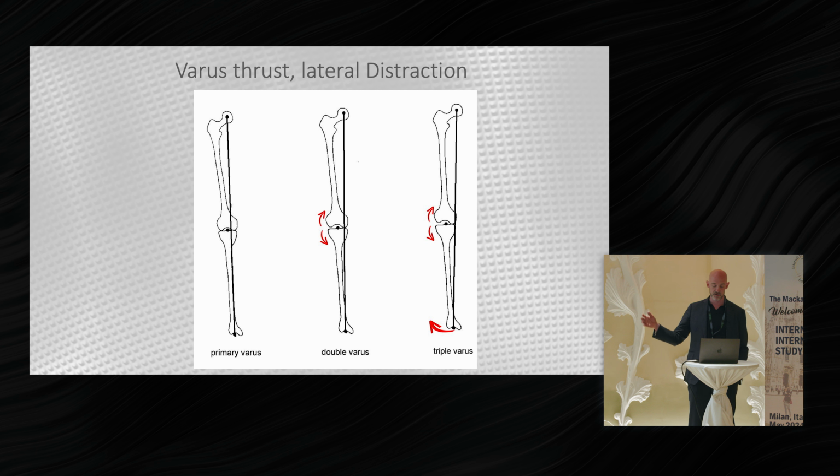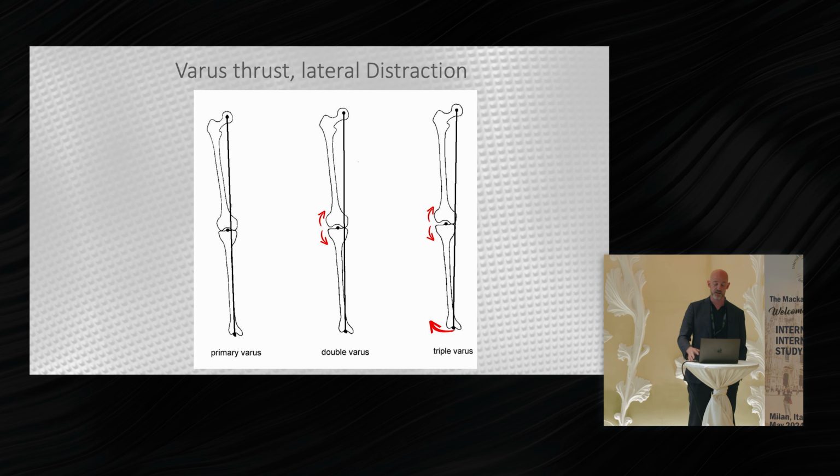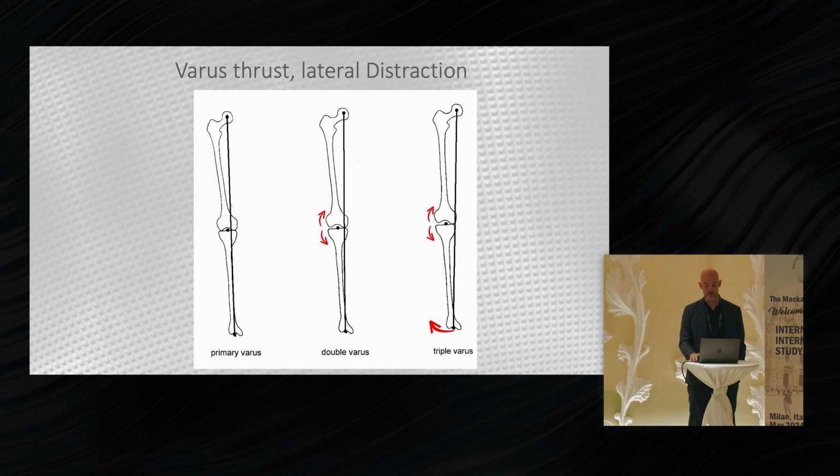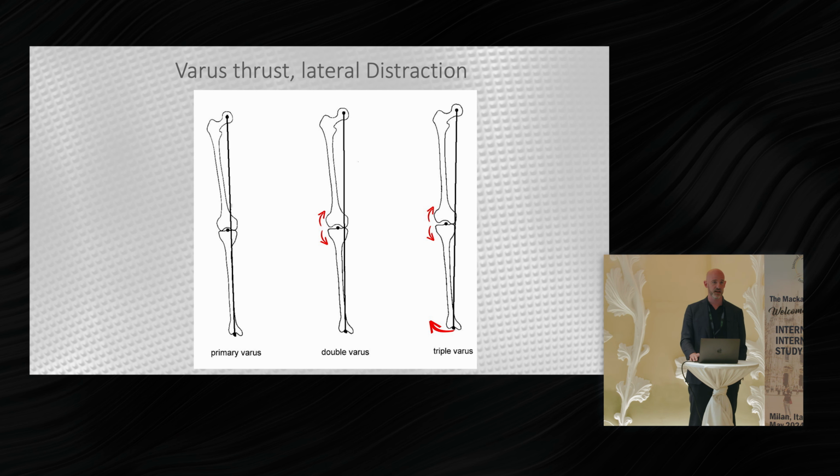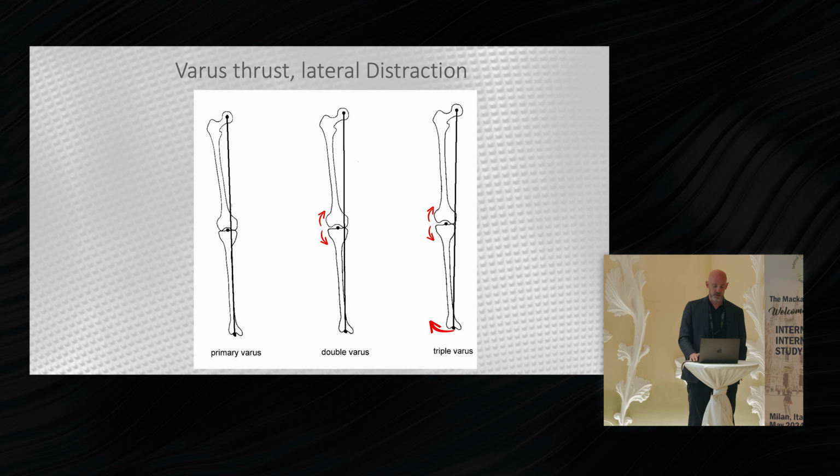And we all know this concept of the normal primary varus. You might be having the double varus that you see in such a scenario that may develop eventually into a triple varus deformity. That has nothing to do with the deformity in itself. It's actually the ligamentous response to the deformity. How to deal with this now?